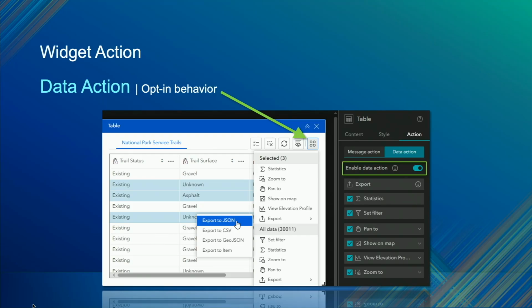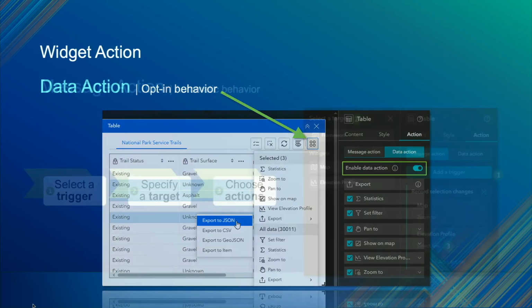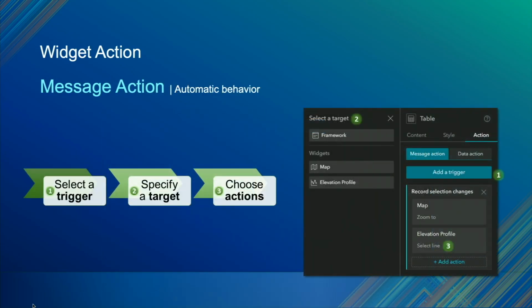There are 2 types of actions. In Web App Builder, we don't have the action concept. That's why we want to emphasize it here. A data action is initiated by end users with a click, like exporting data to a CSV file. A message action is set by app creators like you, so that widgets can respond to each other automatically.